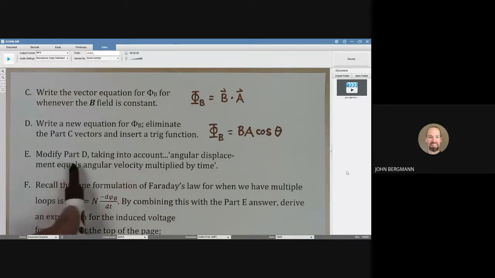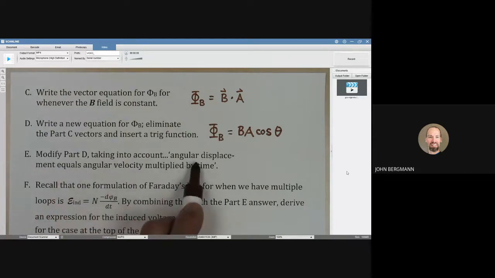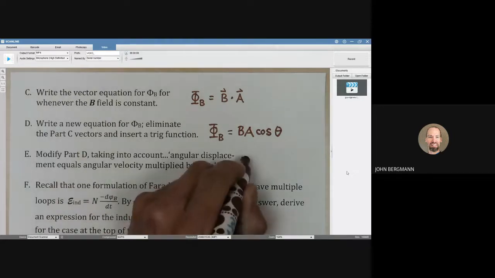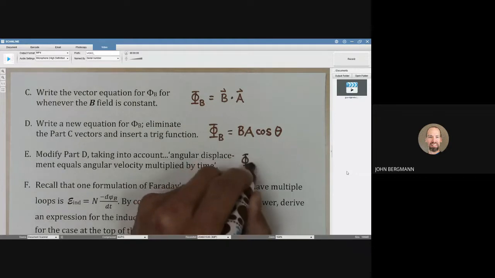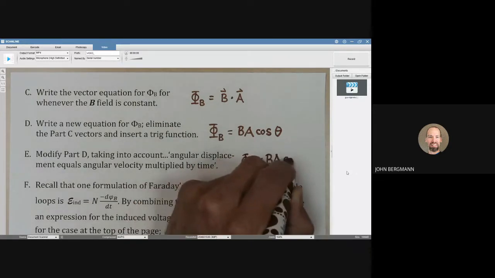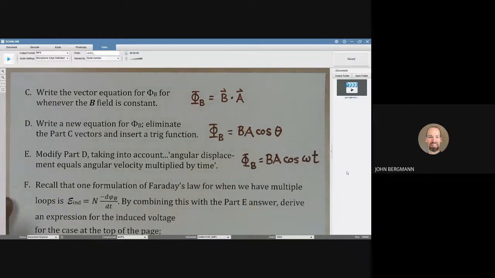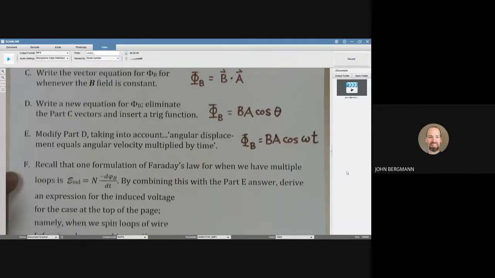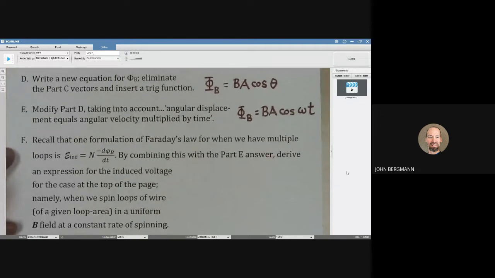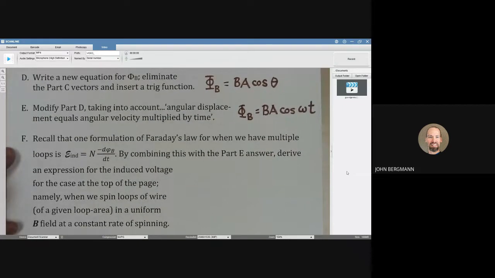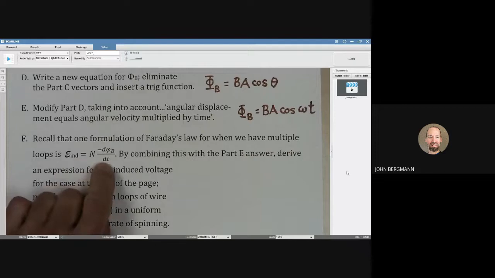Letter E, modify part D, taking into account angular displacement equals angular velocity multiplied by time. Well, we could rewrite this then. Angular displacement is equal to angular velocity times time. Letter F. Recall that one formulation of Faraday's law for when we have multiple loops is this right here.